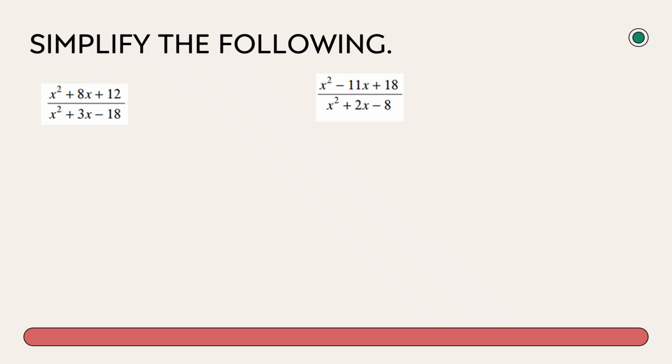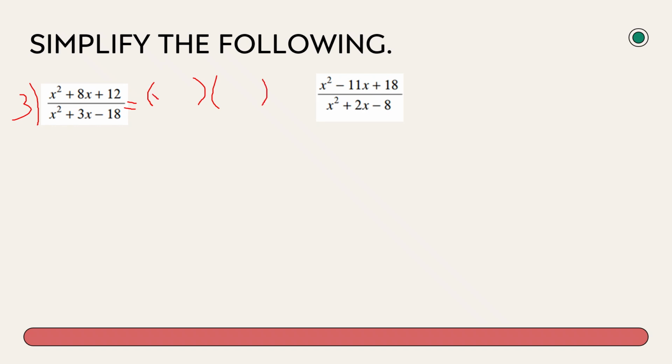Okay, let's do number 3. So for number 3, we got factors of 12 are 6 and 2, right? So that we can get the exact number.